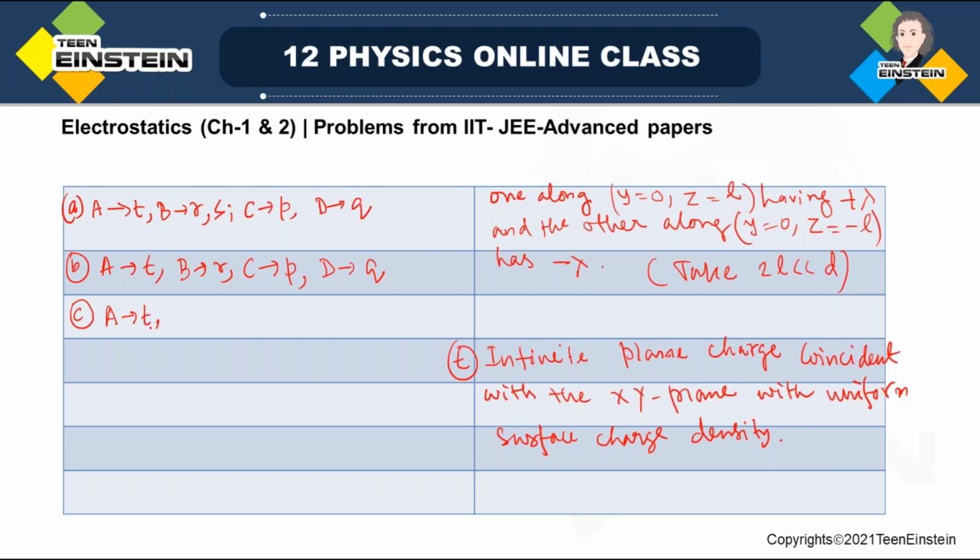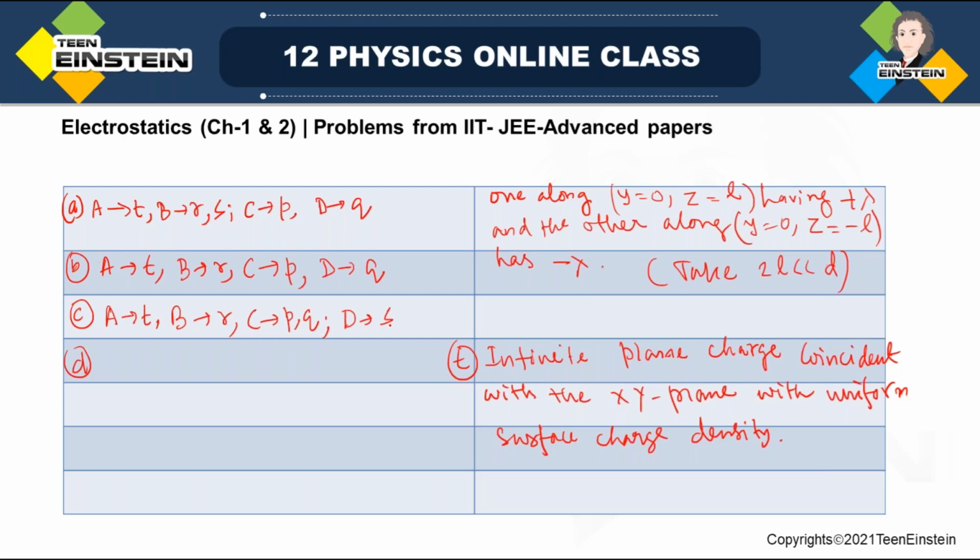Another option says A matches to T, B matches to R, C matches to P, Q, D matches to Q. And the last option says D matches to S. So there are three options only.